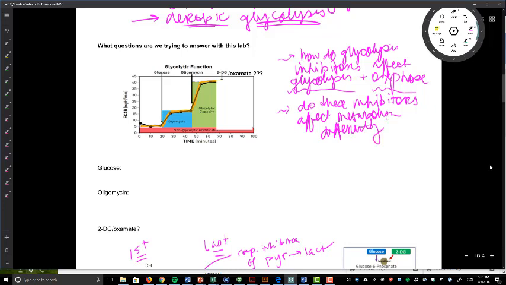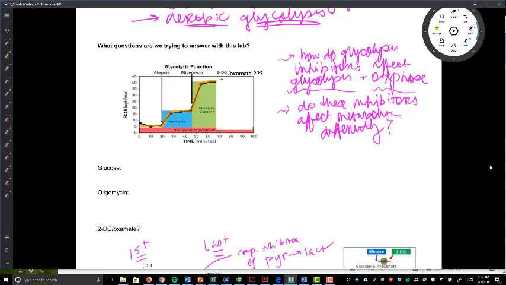And so the way that we're going to be testing this is by running the glycolytic function assay, which is a common assay used by people who work with Seahorse to understand how certain molecules affect glycolysis. You might use this if you're saying, oh, hey, this molecule is a really promising glycolysis inhibitor. Let's see if it actually works.